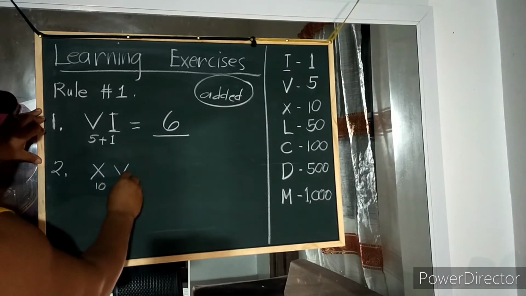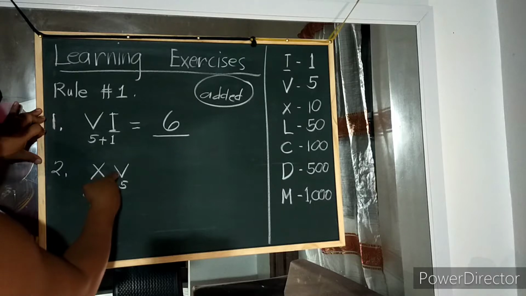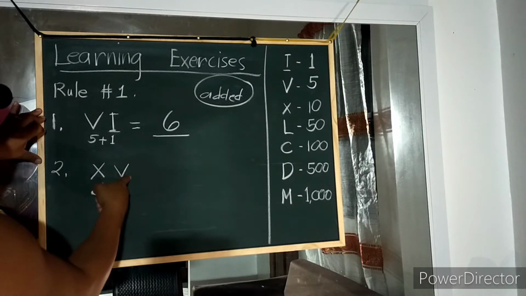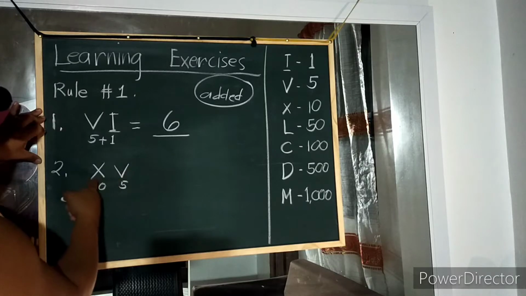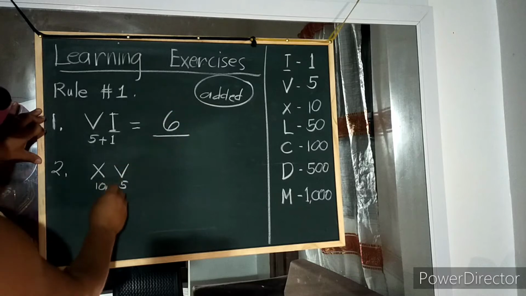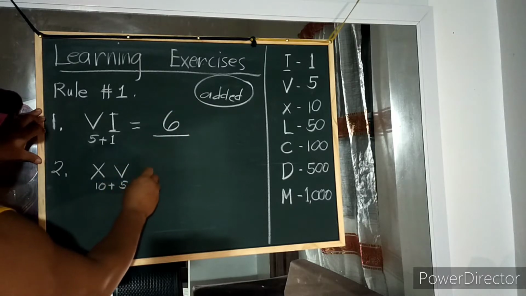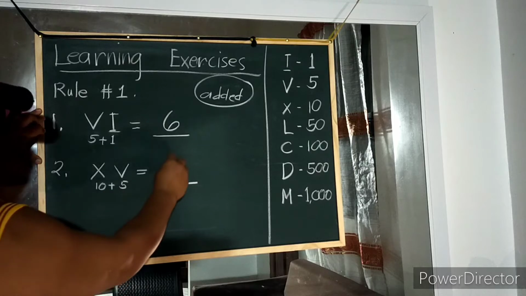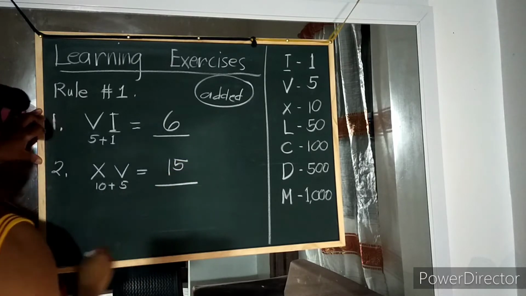V is 5. X has a higher value than V because X is 10 while V is 5. So, add. That is for rule number 1. So, XV is 10 plus 5, that is 15.